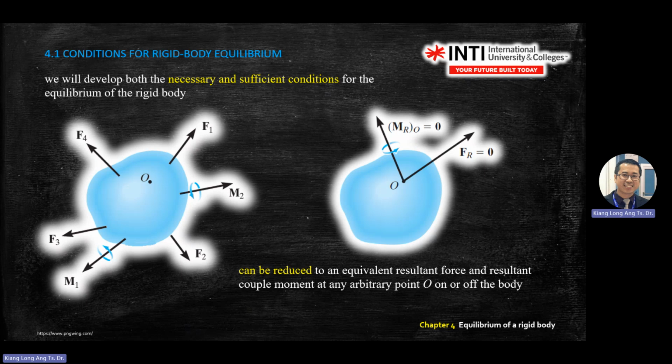However, if you transfer the force that is perpendicular to the axis, you move this force to the back, something will happen. If you move to here, the force magnitude still same, direction still same. However, if you move from here to here, this is the F multiplied by D. It will generate another moment over here by FD equation.